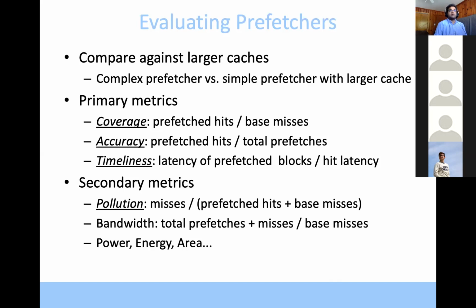An example of a really, really complicated prefetcher would be, I think this is early 2000s, and it's actually implemented in AMD's Zen architecture. It's called Perceptron, and it simulates a very simple neural network.